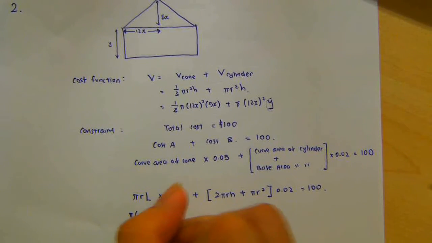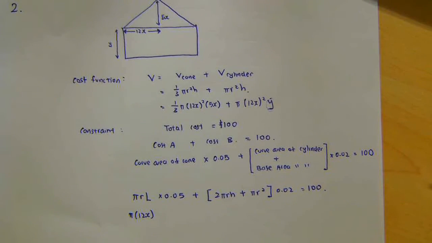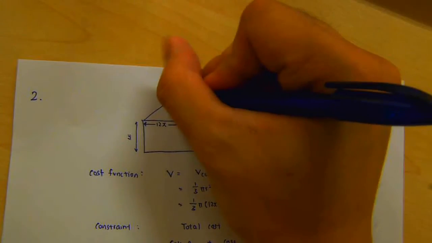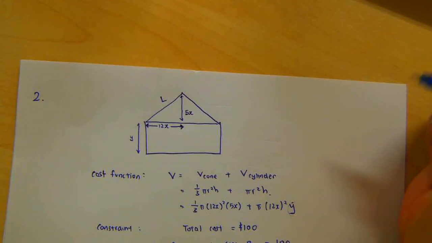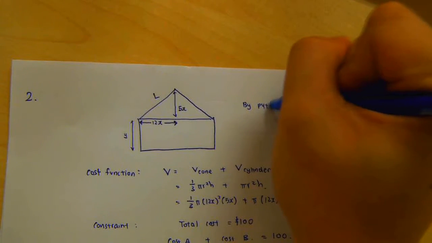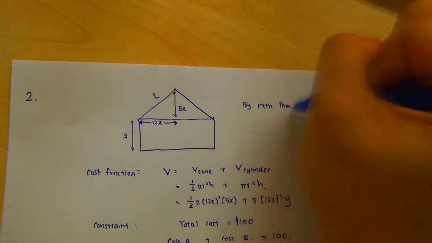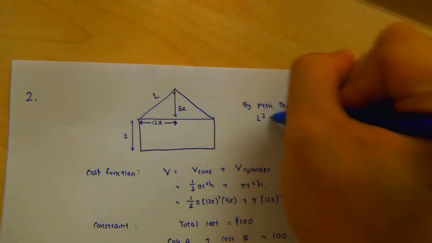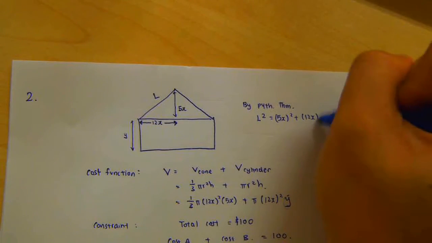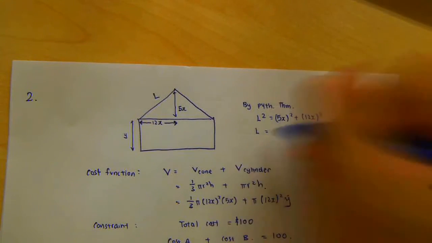So R is 12x. Then we need L. So to get L, go back to our model, we can see that L is here. So by using a simple Pythagoras theorem, we can solve for L. L in this case will be 13x.